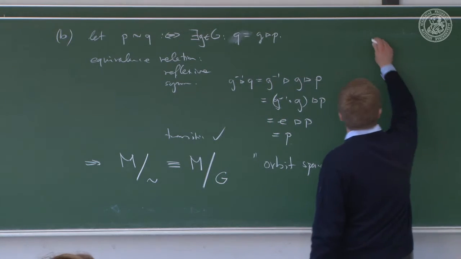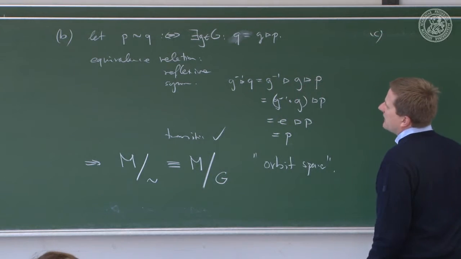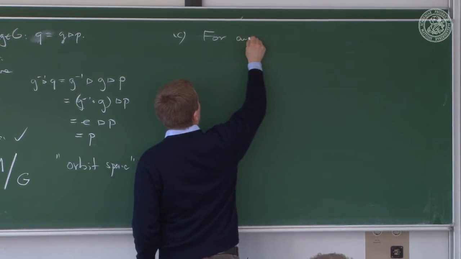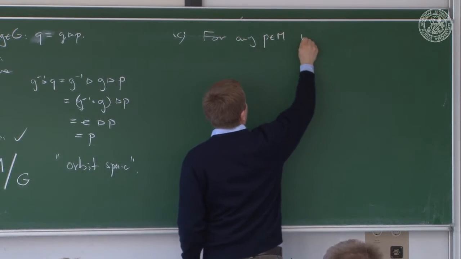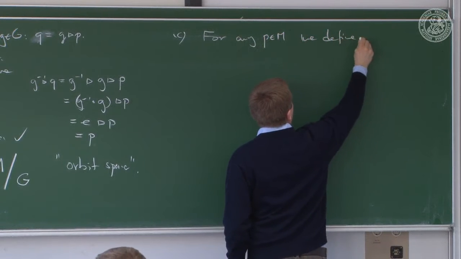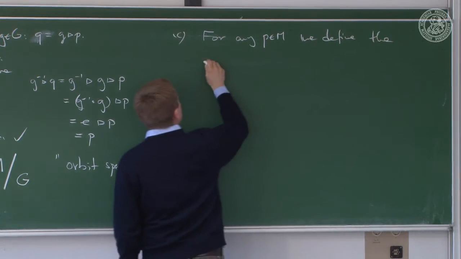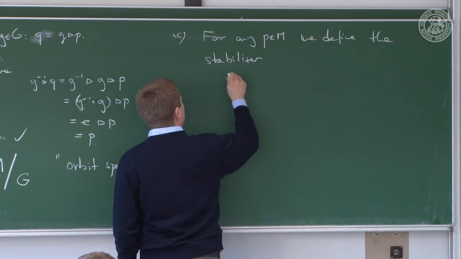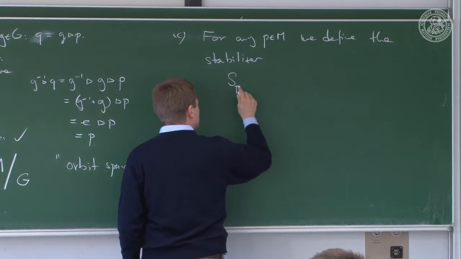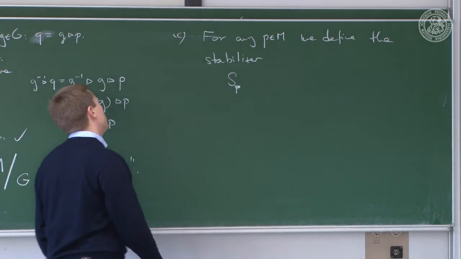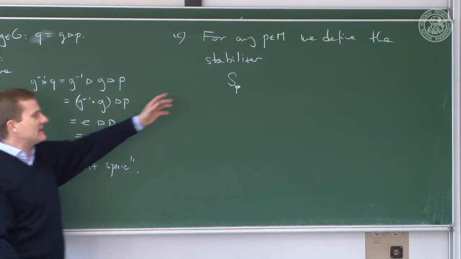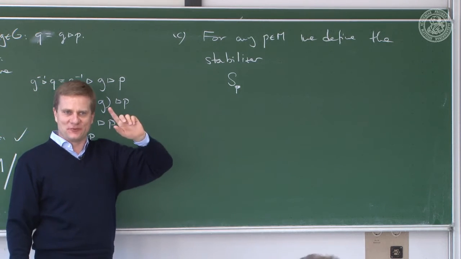Okay, so then let's have C. We define for any point P in M the stabilizer. That's now again a set, let's call it S sub P, because it depends on the point where you are. But while the orbits were a subset of the manifold, the stabilizer is a subset of the group.